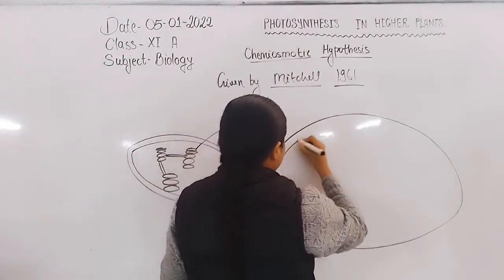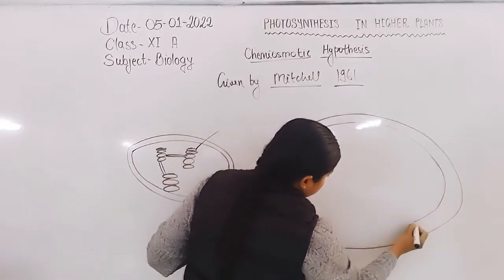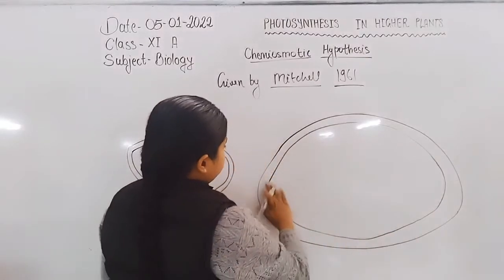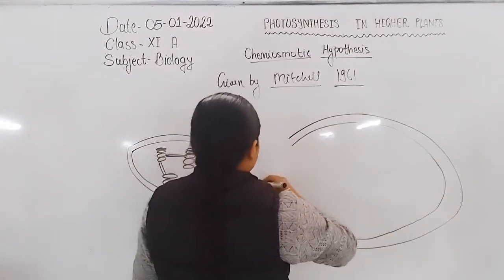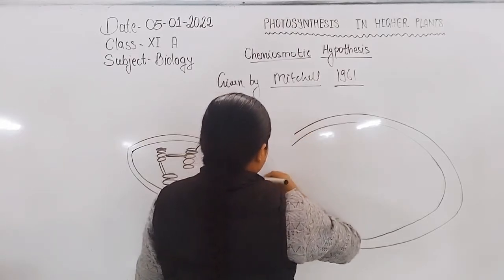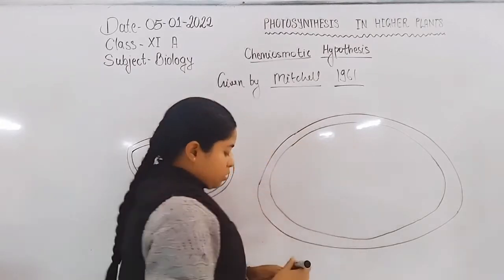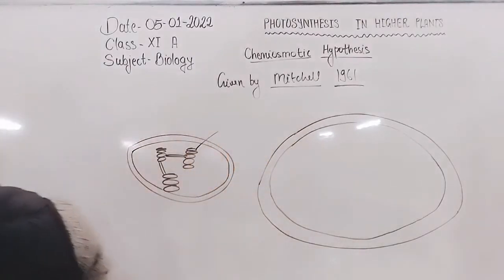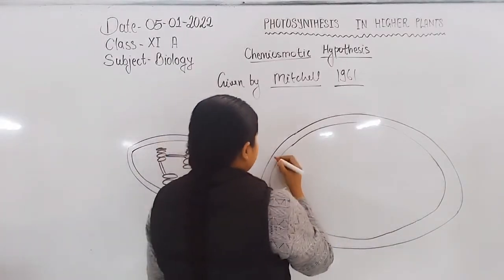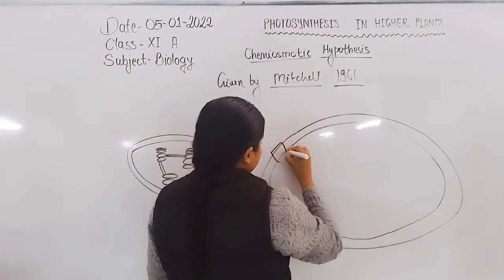The thylakoid membrane is also a double membranous structure. All the pigments or photosystems are present in the membrane.